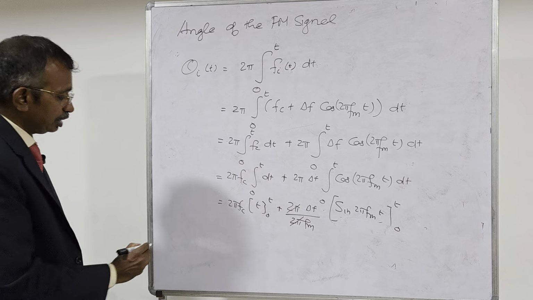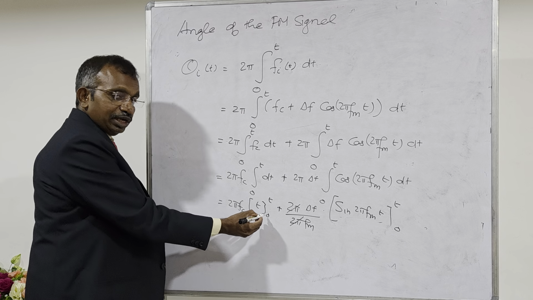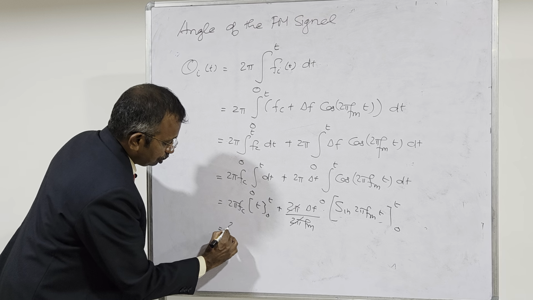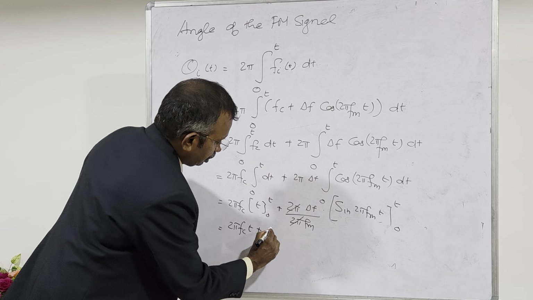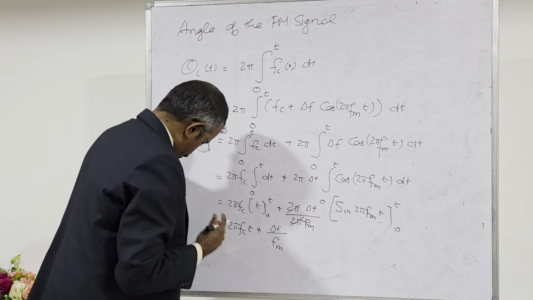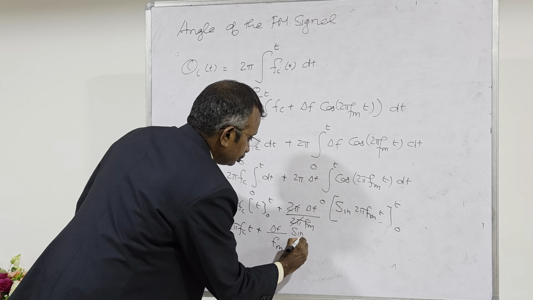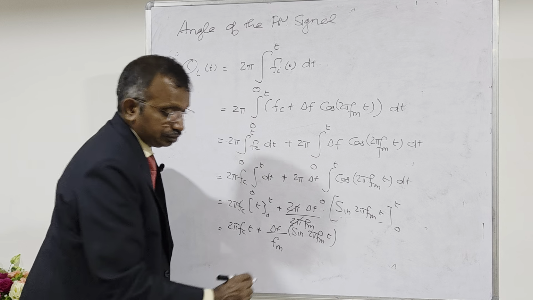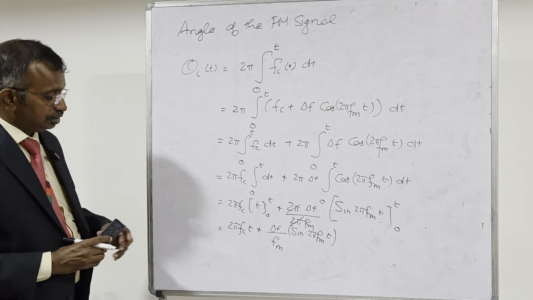Then I can write this as 2 pi fc, and the upper limit is t, lower limit is 0, therefore t minus 0. So this is 2 pi fc into t plus del f by fm into sin 2 pi fm into t. So here you can see this ratio del f by fm.